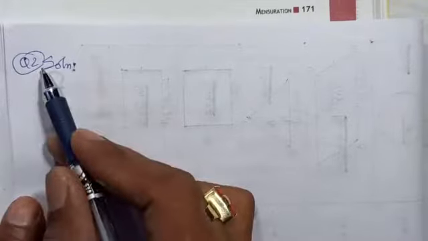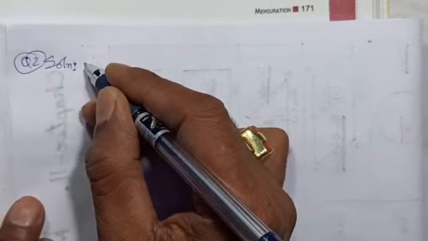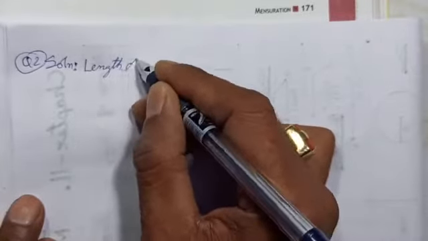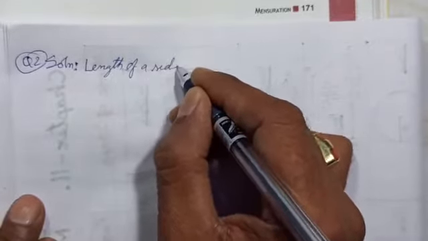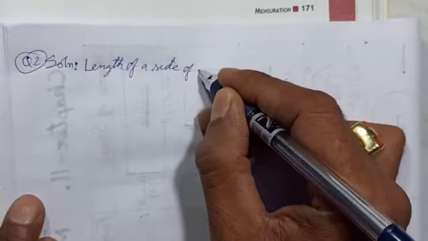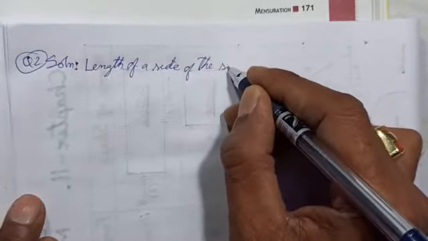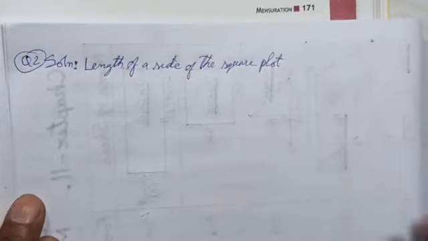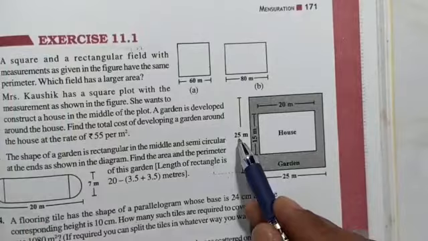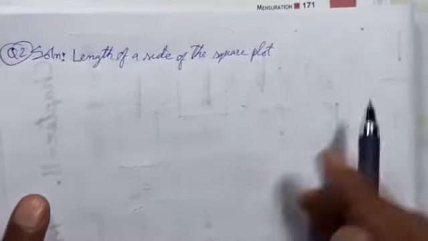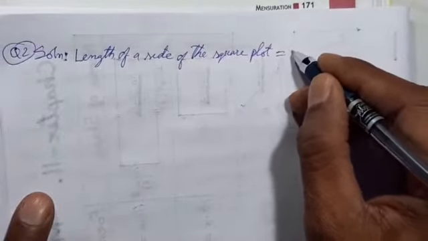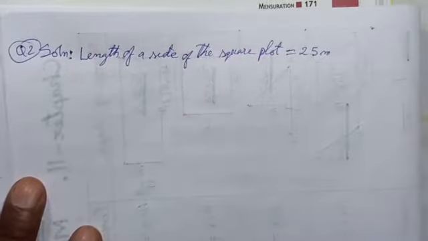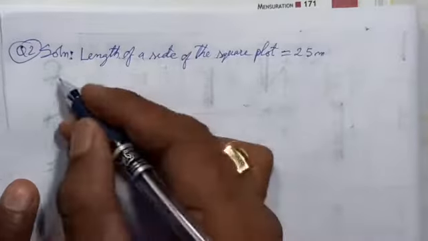Now, question number 2 solution. First, let's write the length of a side of the square plot. This is given in the question as 25 meter. Now let's find the area of the square plot.